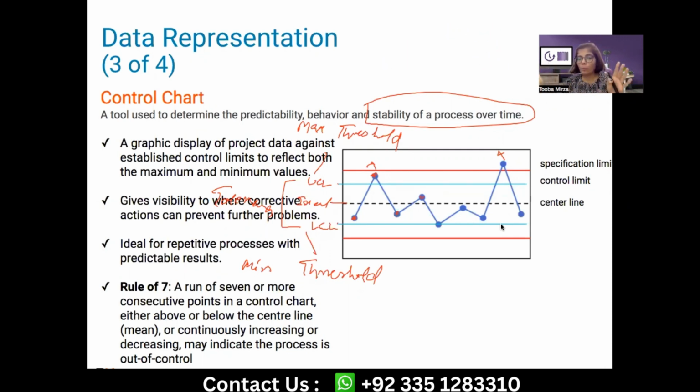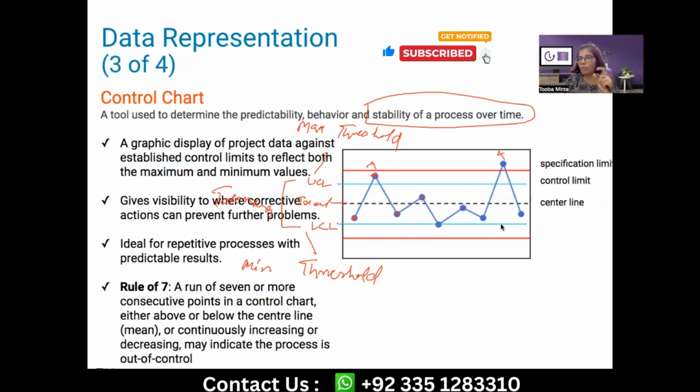You need to stop and go back to the RCA to check what's the problem, what's the cause. The problem is in front of you. What's the cause? What's the impact? What's the long-term impact? What's the short-term impact? And what we need to do to fix it. And then you come back to this control chart, start the process with the fixes applied, and check if it's working or not.